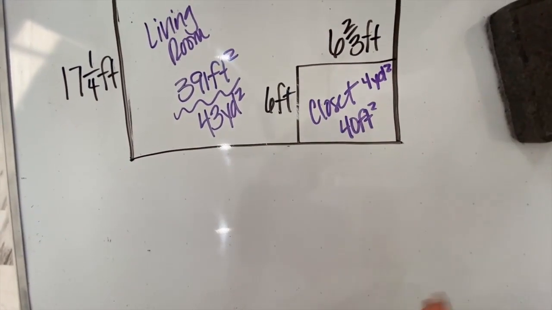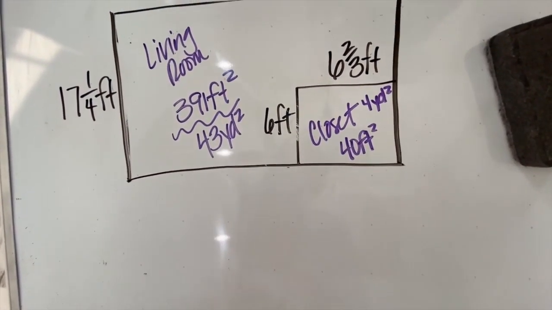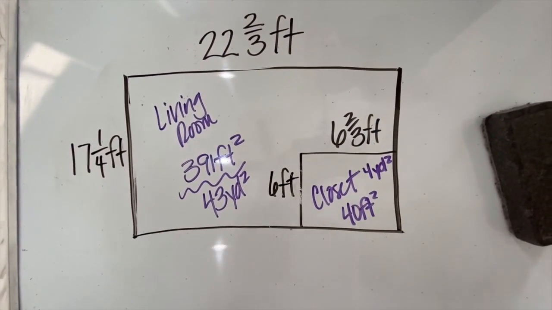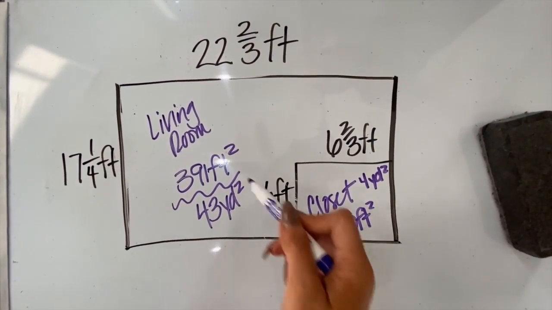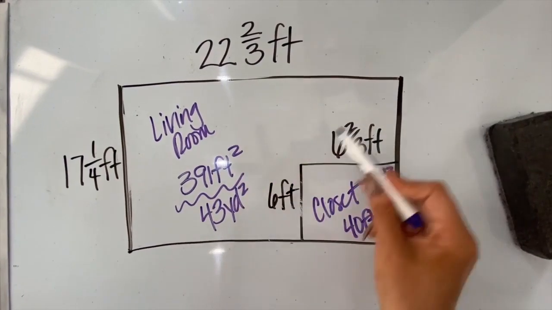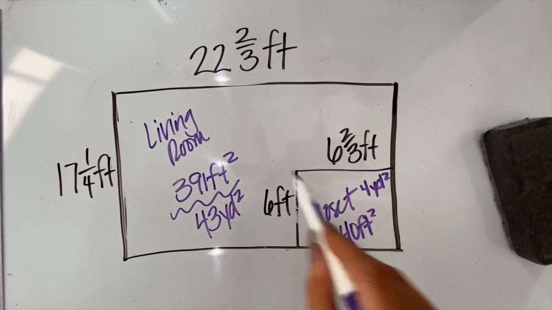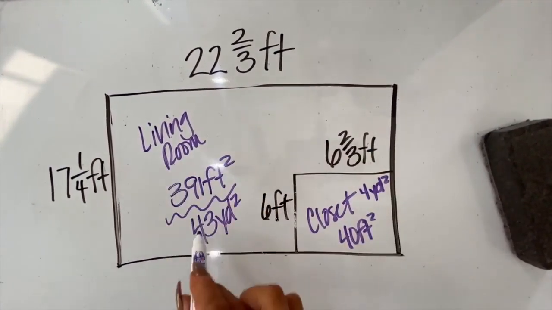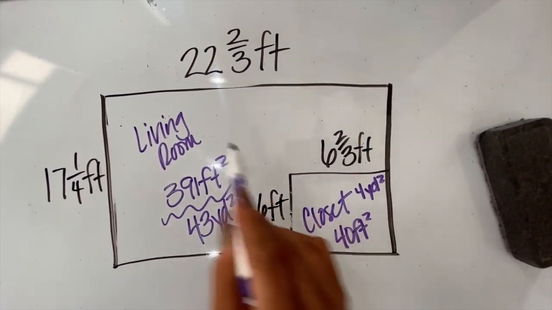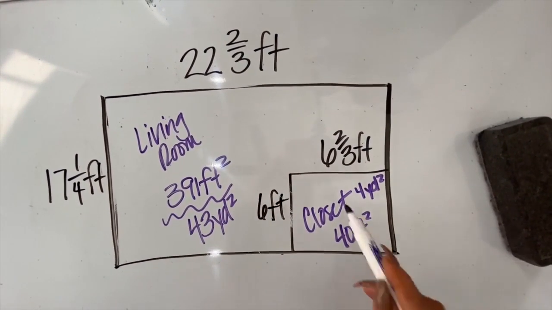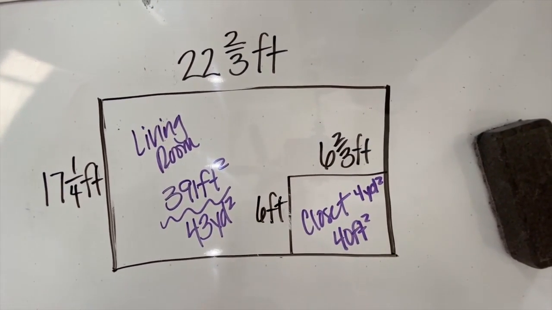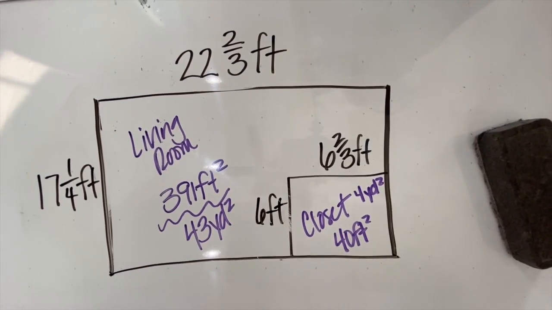Okay, now if you go back to the original problem, what was her name, Minji? She wanted to put flooring in the living room, so not the closet. So if I want to know just this section and not this, pause the video and see if you can determine the final yards squared that I would need.